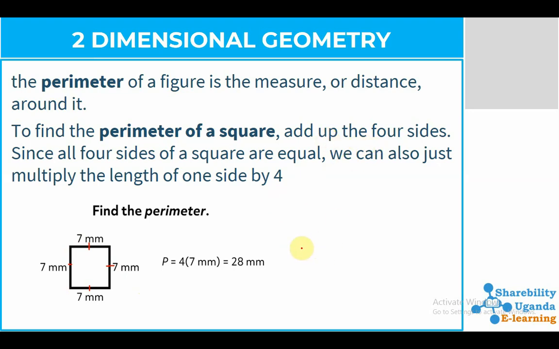So to come up with the formula, from the statement above, we can say the perimeter is the same as side plus side plus side plus side, because they have said we can add up these sides together, and they give us the perimeter, or the measure, or the distance around this shape.